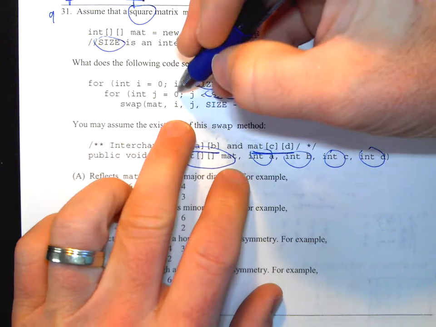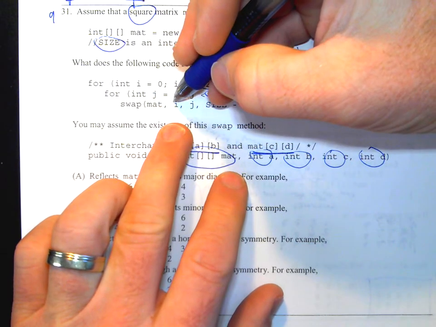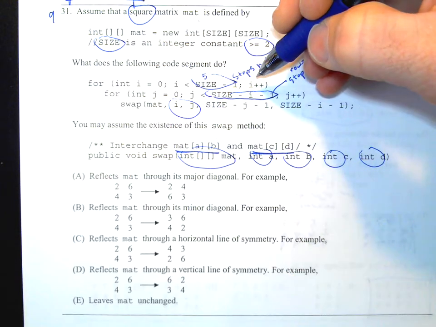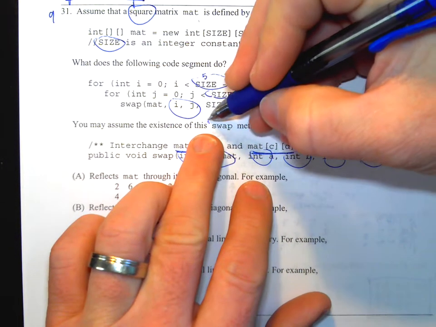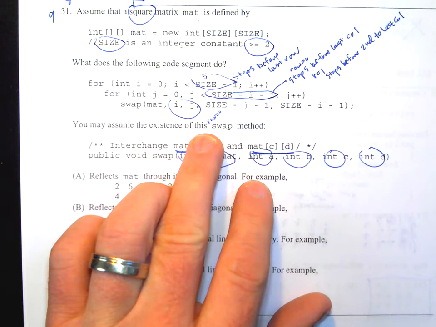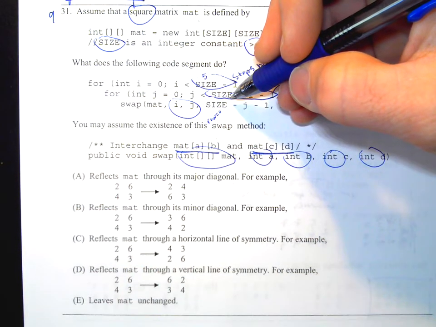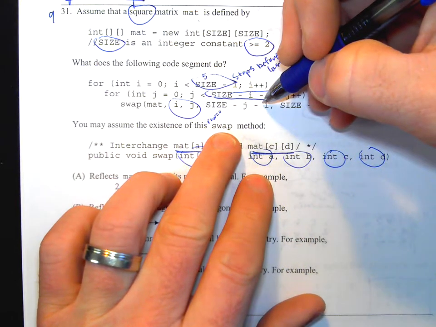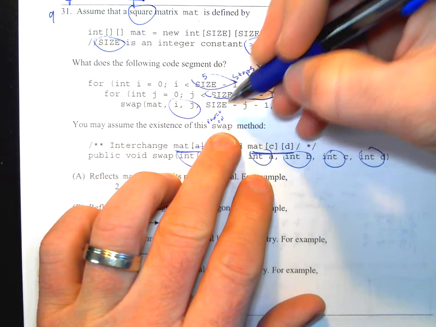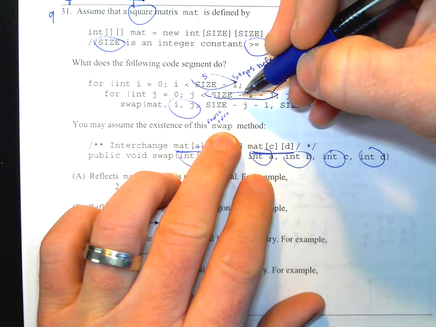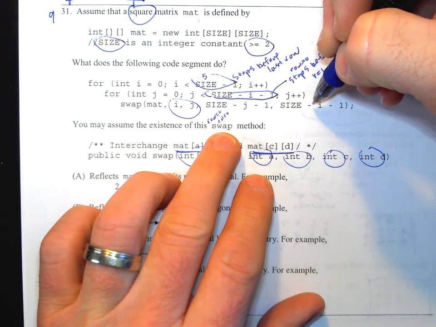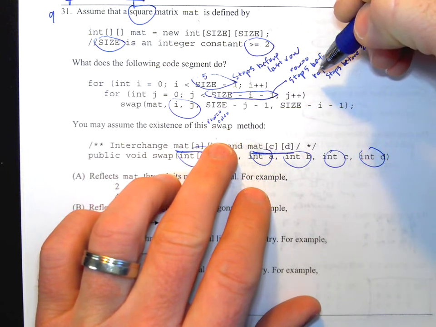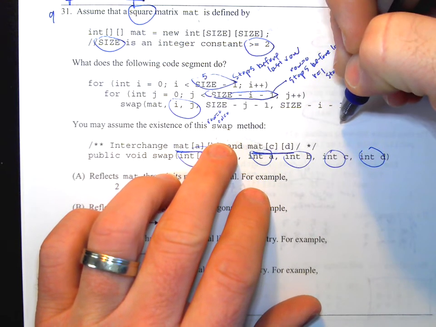So when we're in row I, column J, the spot that's there, say when row equals 0 and J equals 0, it's going to put size, which would be the last row and column.